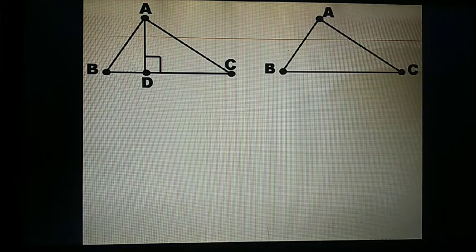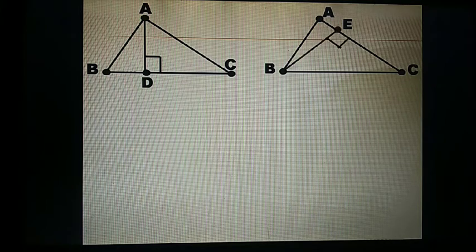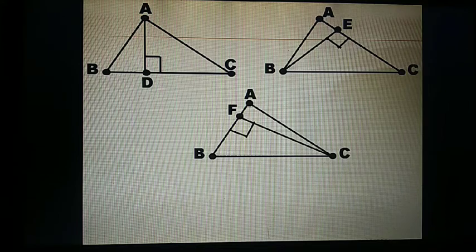Similarly, if you want to draw it from B, you will draw a perpendicular line segment from B on its opposite side AC. Perpendicular line segment means it will make 90 degrees. Next, let's suppose we are supposed to draw an altitude from vertex C. Again, use the opposite side AB, draw a perpendicular line segment which will make 90 degrees to the opposite side. This is the altitude.